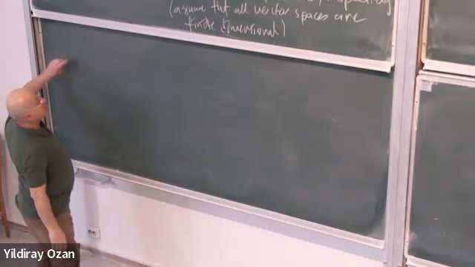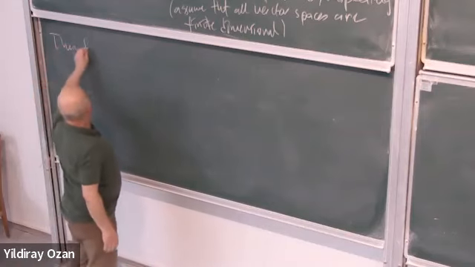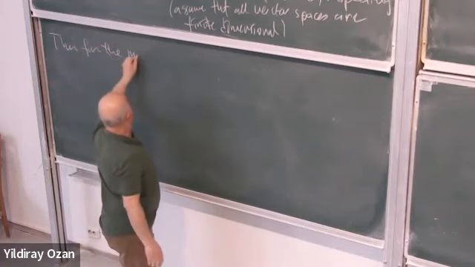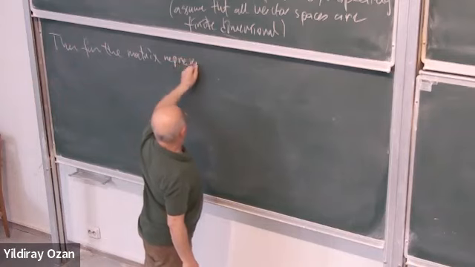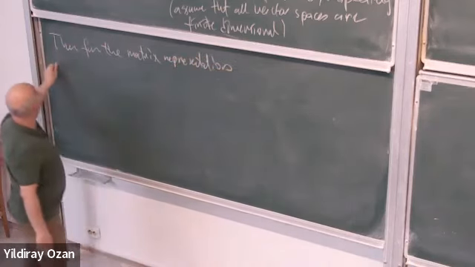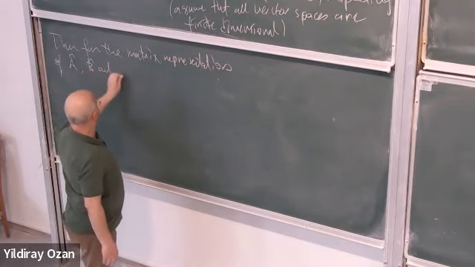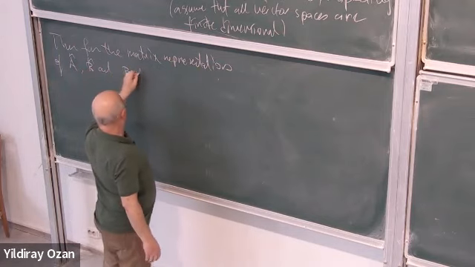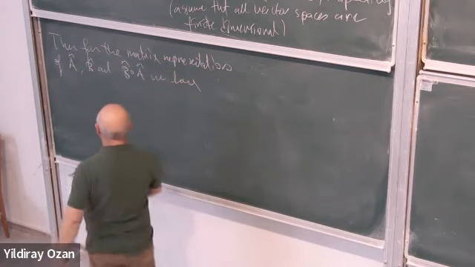Then the conclusion is this. Then for the matrix representations of A hat, B hat, and the composition, we have the following.